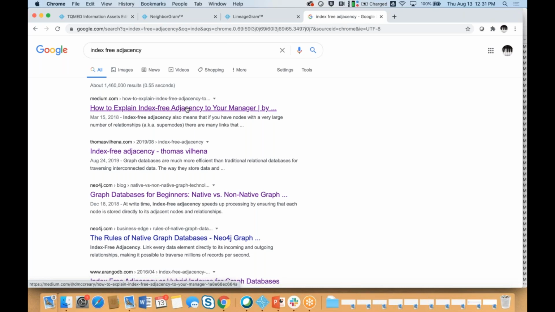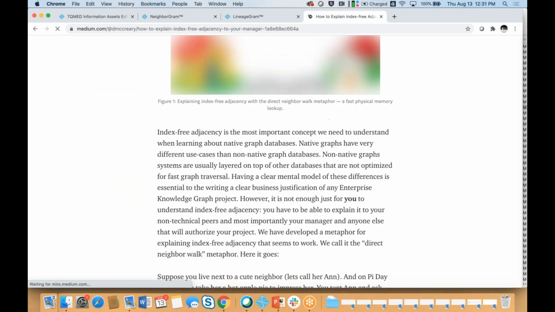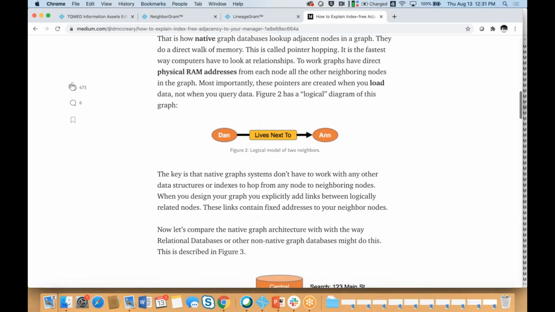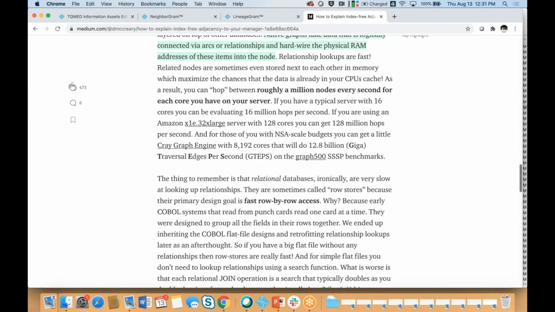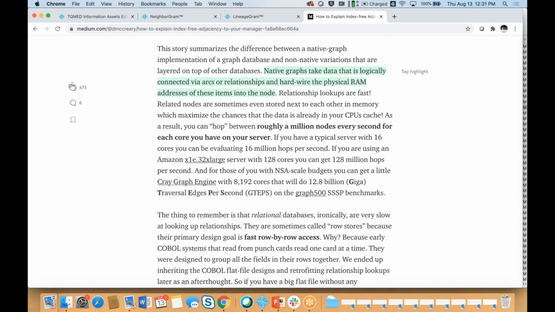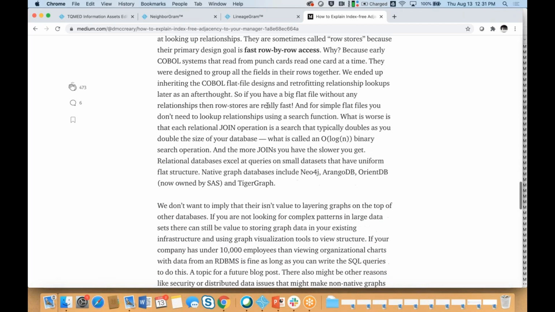And they even tried to define graph databases as only those that use index-free adjacency. You could Google it and look at the various articles, like you have various consultants saying that this is the most important thing about graph databases, and this is what determines them, and this is what native graph databases use.